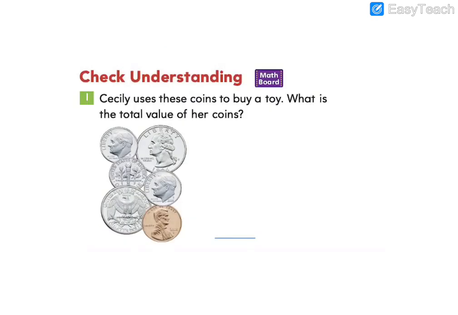Let's look at check understanding. Cecily uses these coins to buy a toy. What is the total value of her coins?